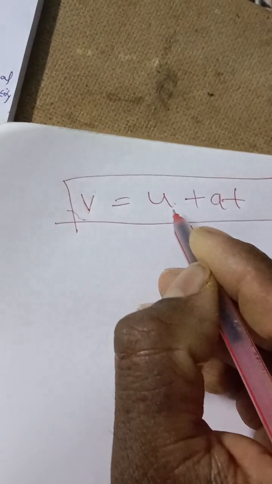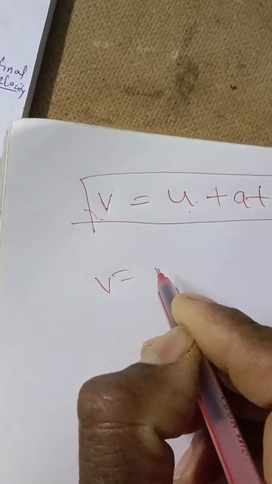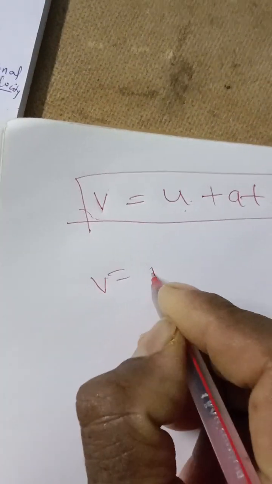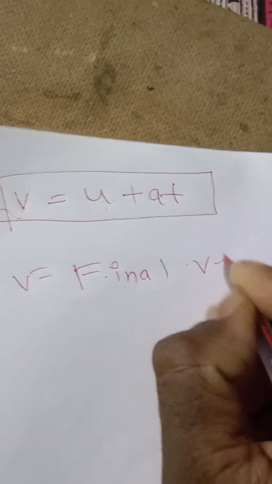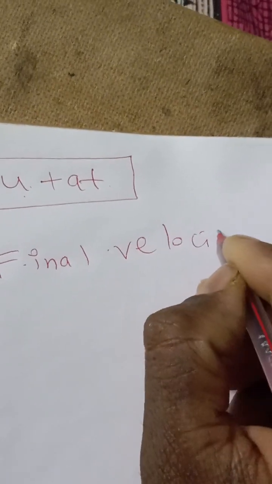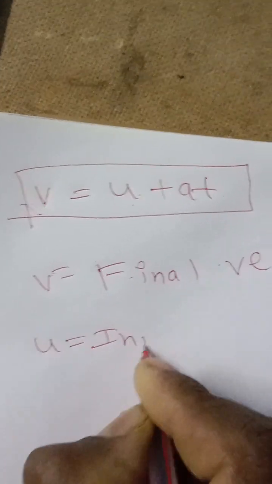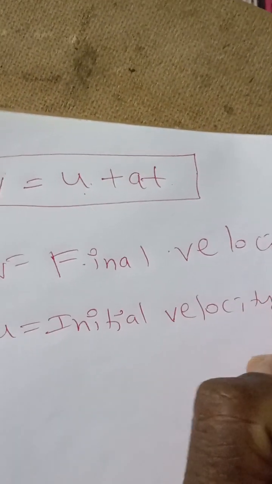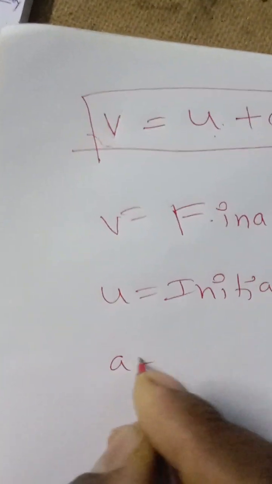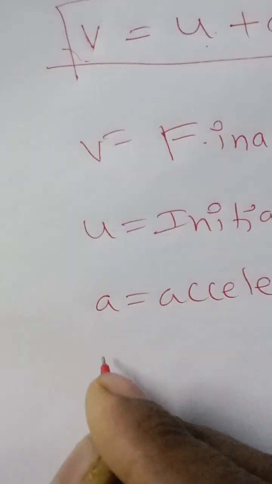To prove this equation, v equal to u plus at. Here v is the final velocity of a moving object. u is the initial velocity of an object. a is the acceleration, t is the time.